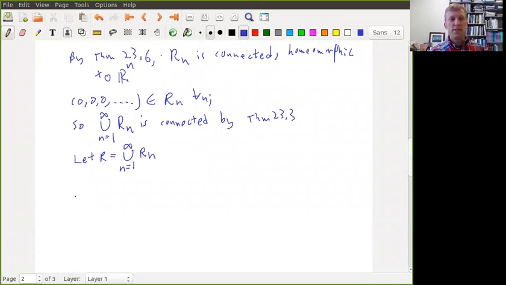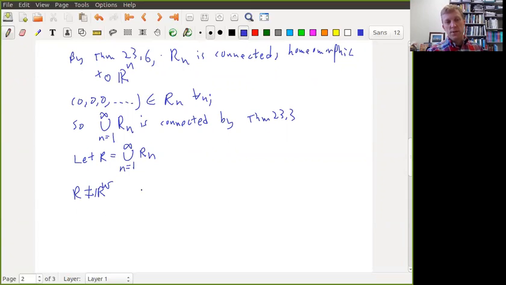It turns out that R is not equal to R omega, because R omega is the set of all sequences, but R is essentially the set of all sequences where all but the first finitely many terms are 0.